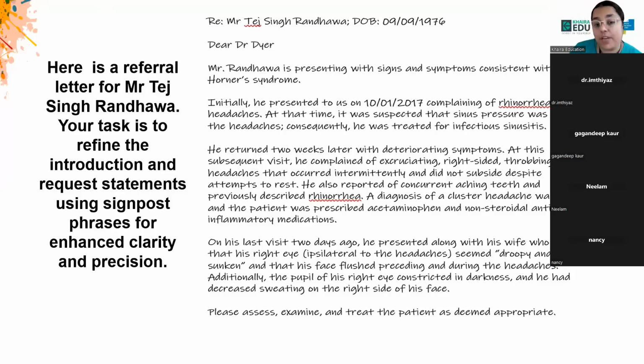Neha says, I am writing to request assessment and management for Mr. Randhawa. Good. Dr. Yalba says, the purpose of the letter, yeah, please complete it. Taran says, I'm writing to request assessment and management since the signs and symptoms are being indicated. Absolutely correct.